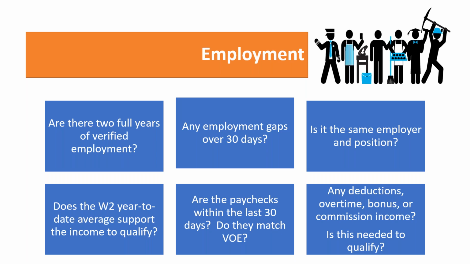I know I had an instance once where the pay stub showed less income than the verification of employment. I mean, a lot less income. Well, it turned out that the borrower had received a raise, but the employer had failed to inform his payroll department. So one day before my verification of employment was received by me, he had been paid.